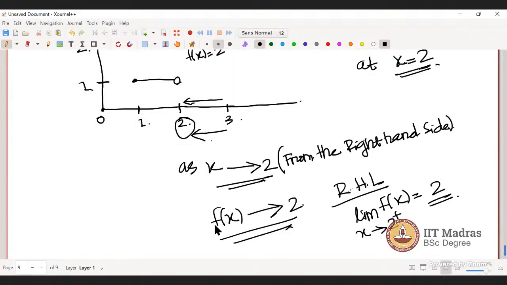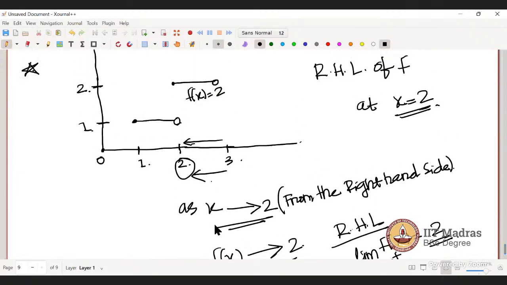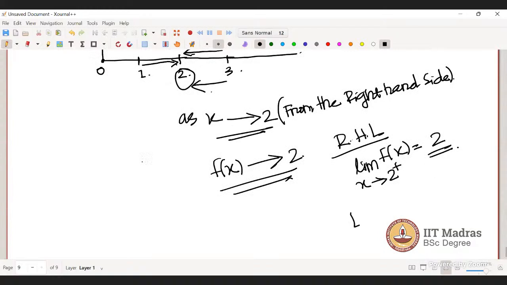What about the left hand limit at 2? It's 1. If you are coming to 2 from the left hand side, the value of the function is 1, right? So the left hand limit is 1.